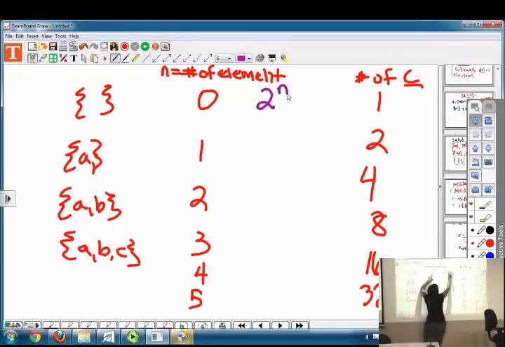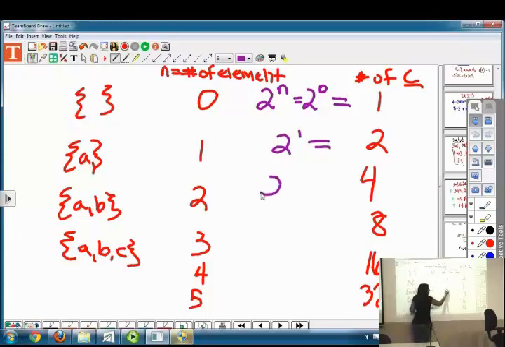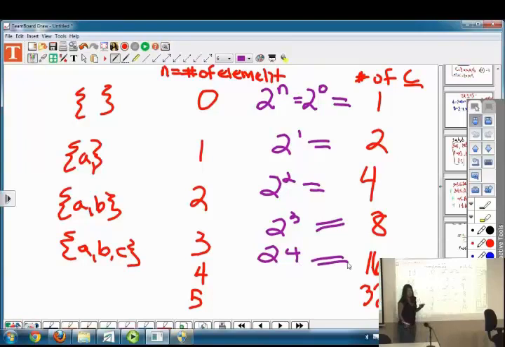So when there's 0 elements, 2 to the 0 power, does that equal 1? Yeah, anything to the 0 power is 1. So let's say 2 to the first power, does that equal 2? 2 to the second power, 4, yep. 2 to the third power does equal 8. 2 to the fourth power, yep, 16. 2 to the fifth is 32.